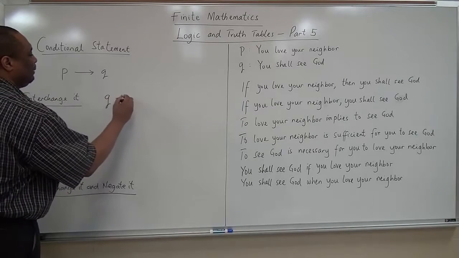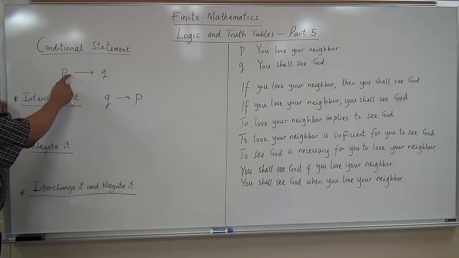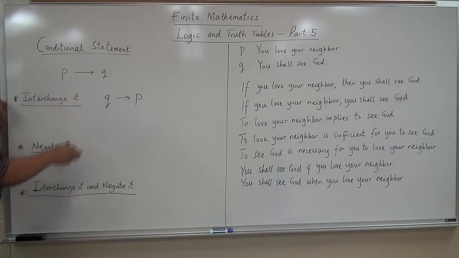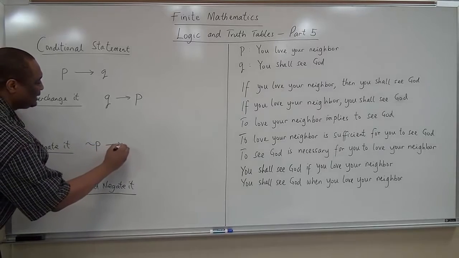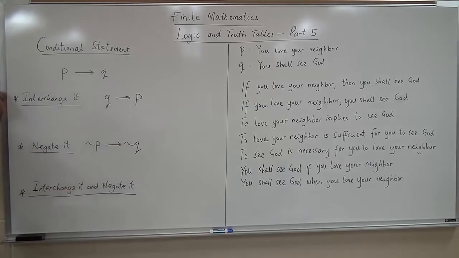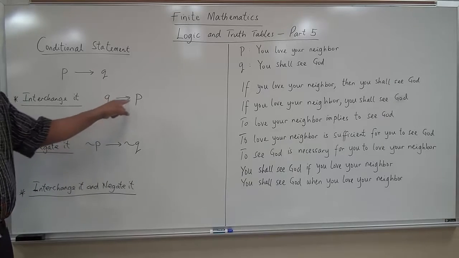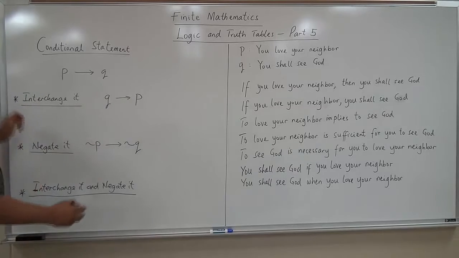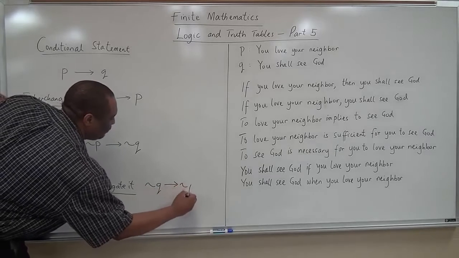We'll have Q implies P. If we negate it, then it will be negation of P implies negation of Q. Then if we interchange it and negate it, we have to interchange it first, then we negate it. It will be negation of Q implies negation of P.